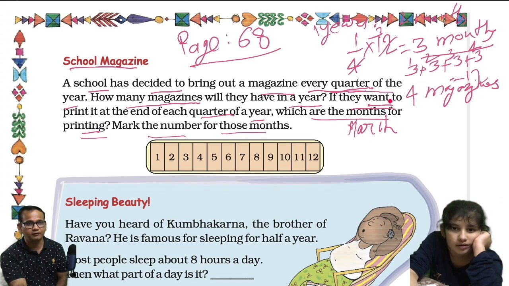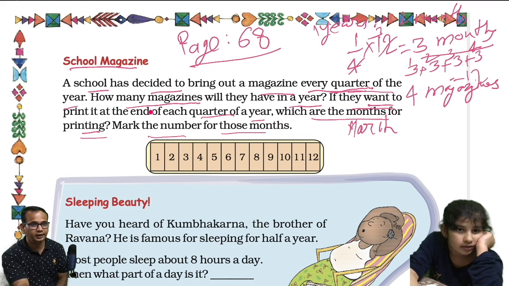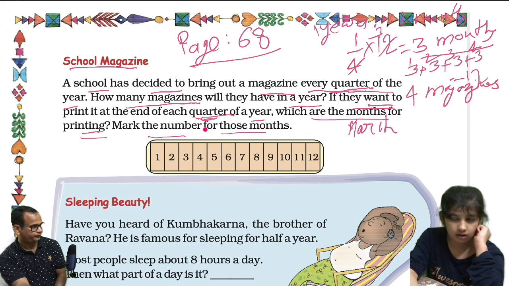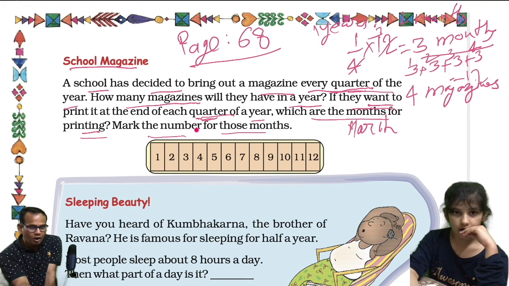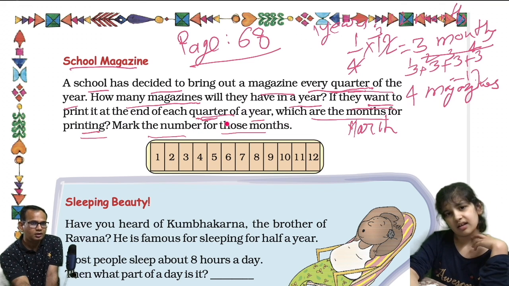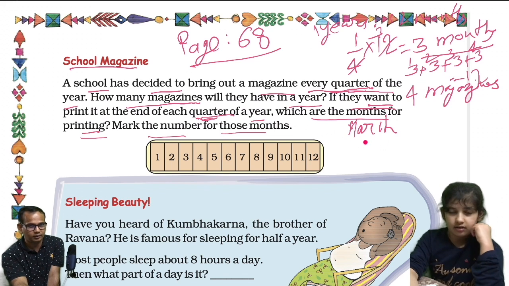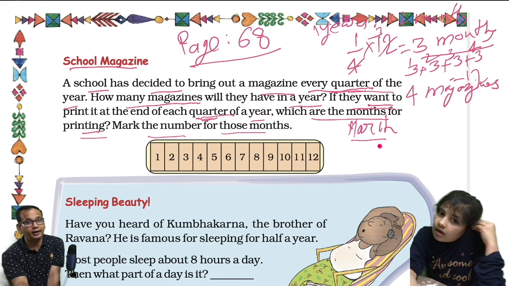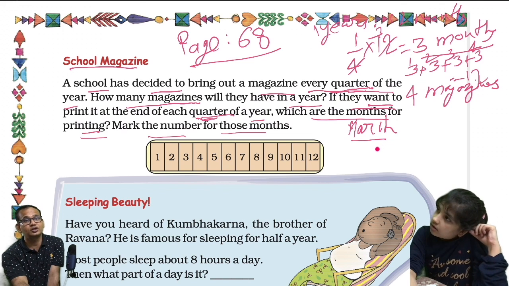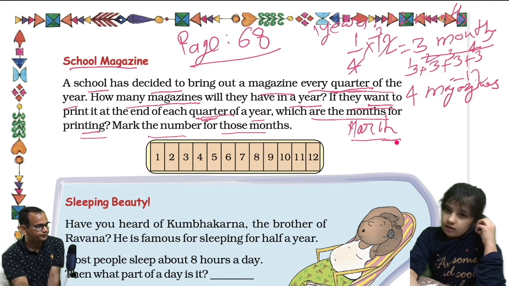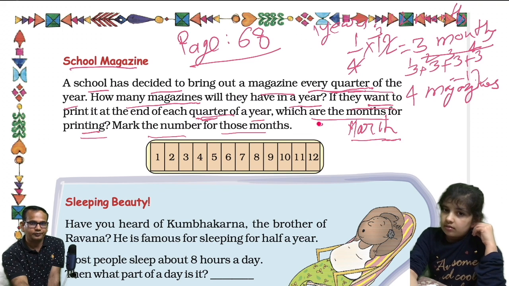If they want to print it at the end of each quarter, there are two ways we can say. March is not getting over yet. At the end of each quarter, so in March they have to print, at the end of March.